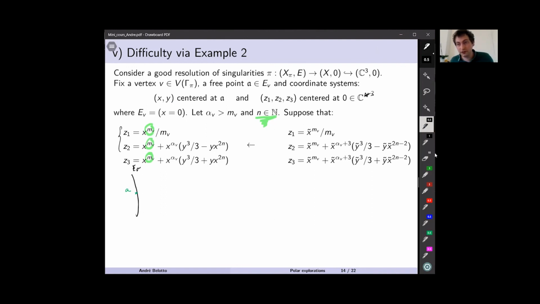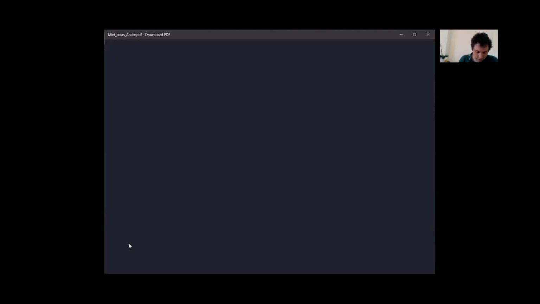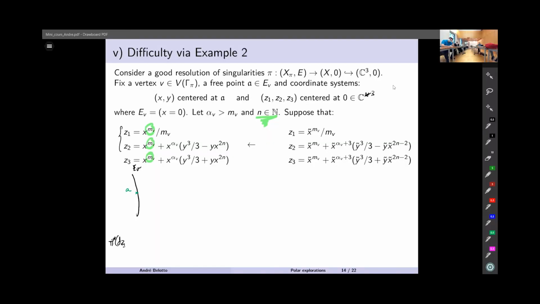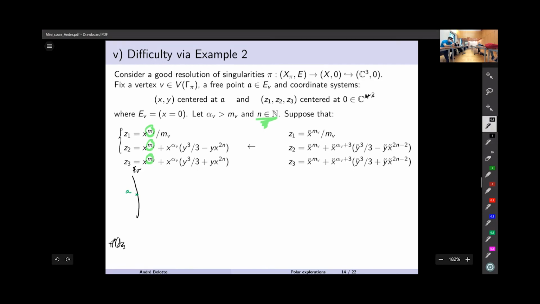And as follows from the talk of Lorenzo, one way to compute the polar curve in this case is by taking the pullback of dZ1, dZ2.